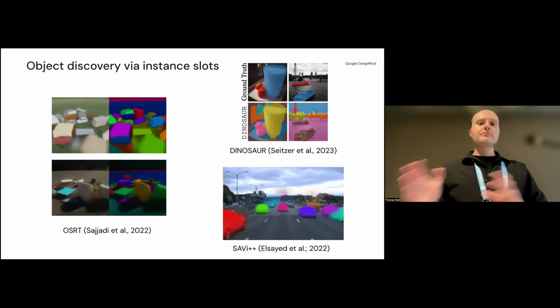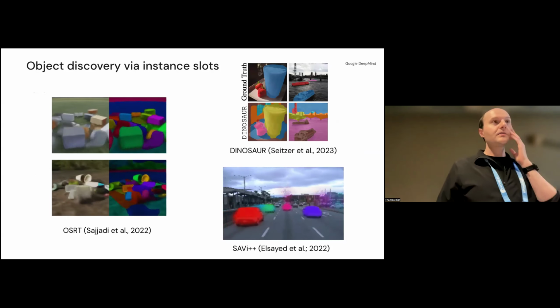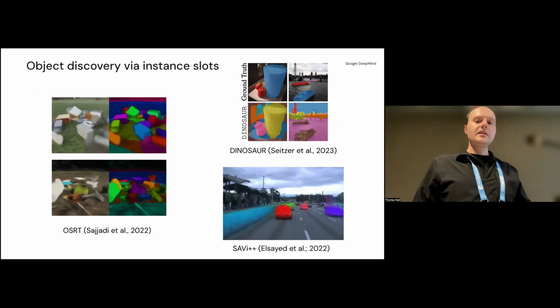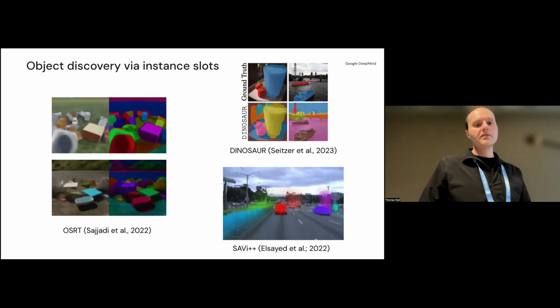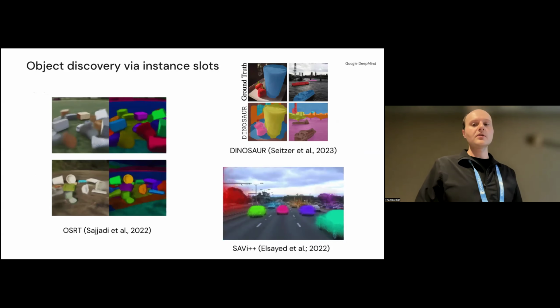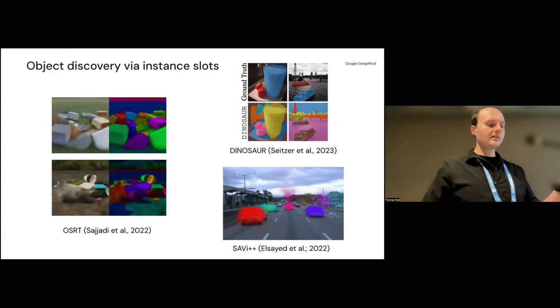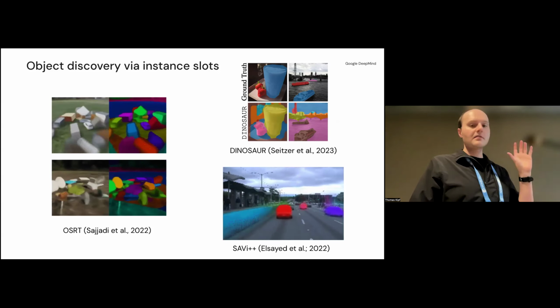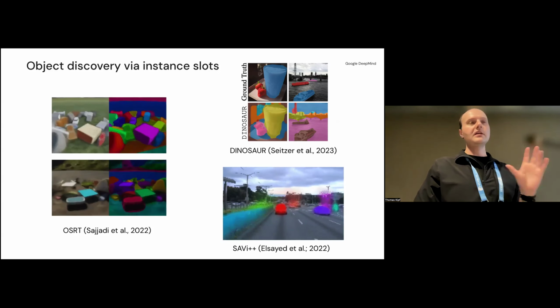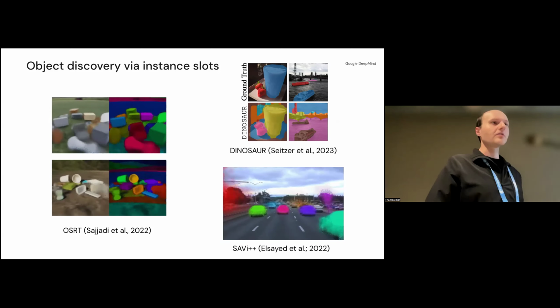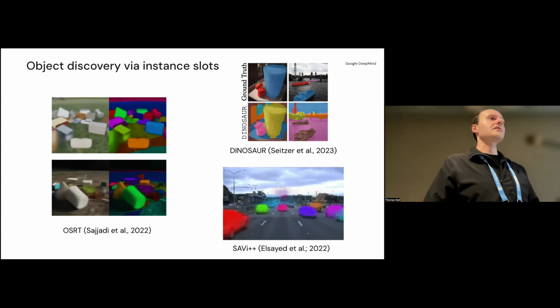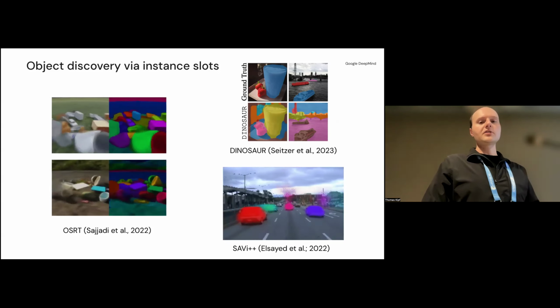Before we go a bit more into method details, I just want to give a bit of a teaser of what you can expect from these unsupervised methods. It remains to be said that supervised, scaled data collection and large architecture training is the way to go for solving tasks like segmentation, detection, and so forth.